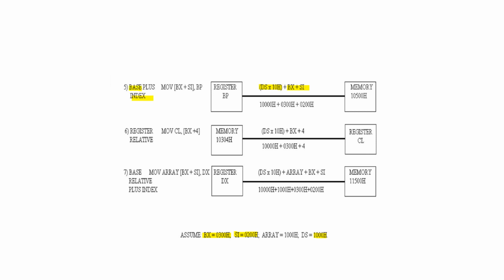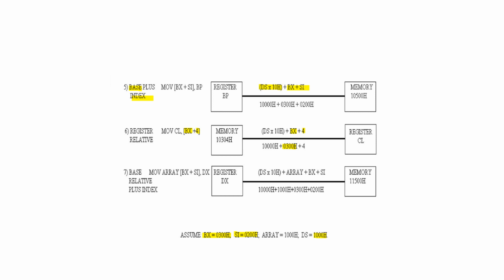Then register relative addressing. Here what I am using is BX, and relative means I will be using a constant value, which will be added to get the offset address. So the BX content I have to check. Already assumed that BX is 0300. 4 is the relative value.